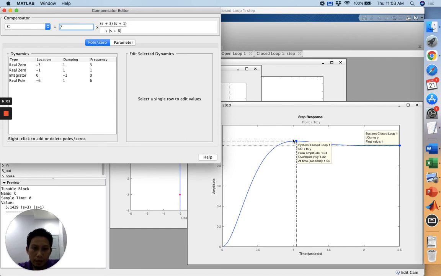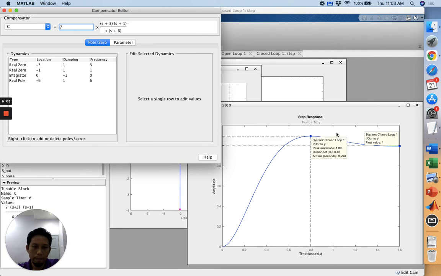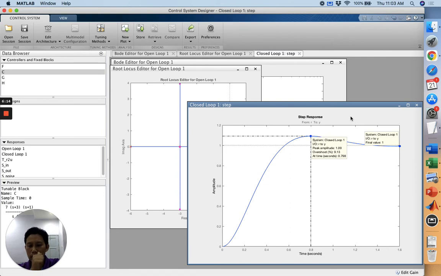What we get here is an overshoot of 9.13% at a time of 0.798 seconds. Basically, even without changing Kc to 7, we already managed to fulfill all the requirements, because the design requirement for TP is 1.5 seconds, but we got 1.04 seconds previously using the default value of Kc that we calculated.